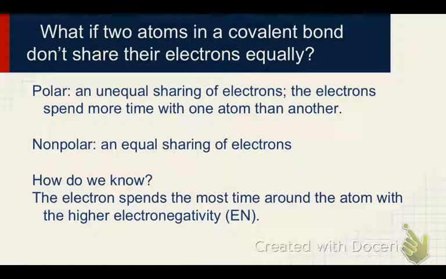First is polar. A polar covalent bond is when you have an unequal sharing of electrons. The electrons spend more time with one atom than another. I'm just going to add a little note here.